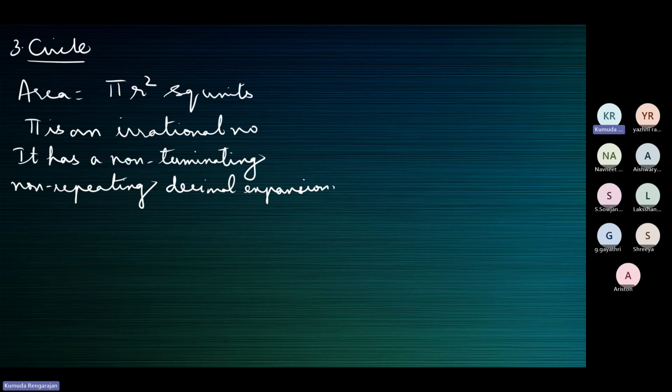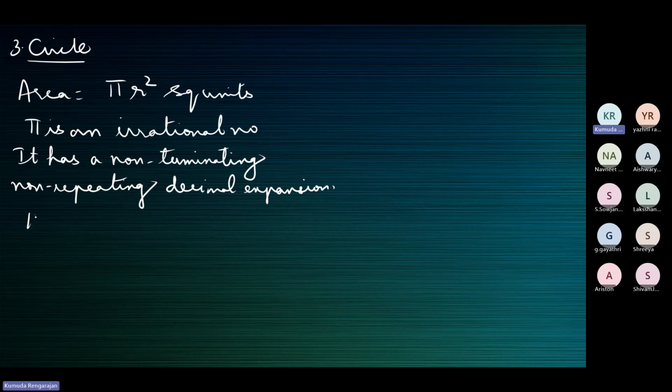If you need to find the area using the formula pi r square, then you need to give some definite value for pi. You cannot write the non-terminating, non-repeating decimal. It goes on and on, to more than millions of decimal places.